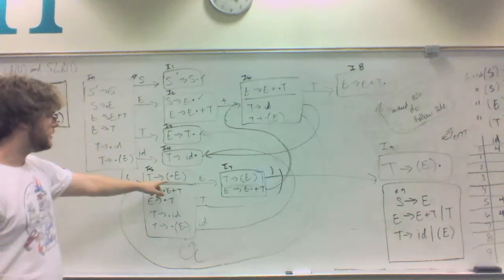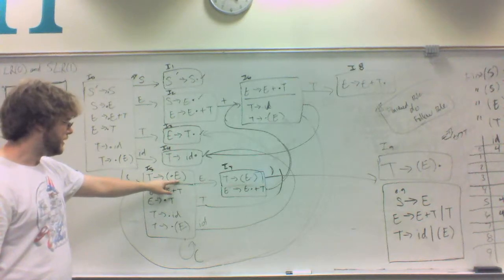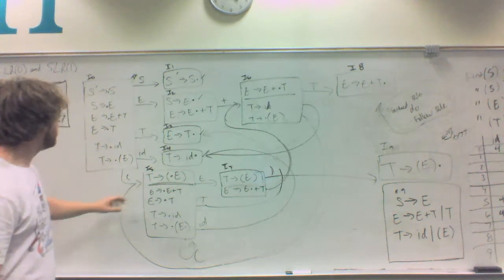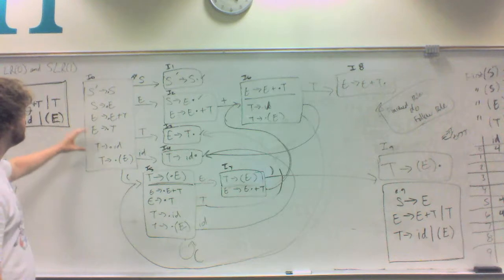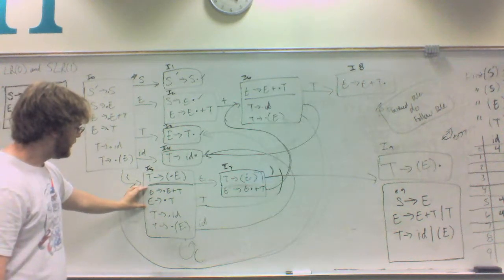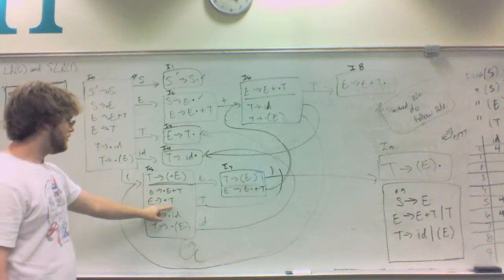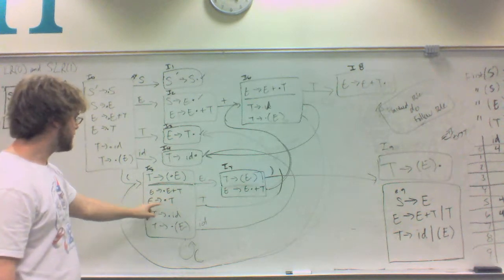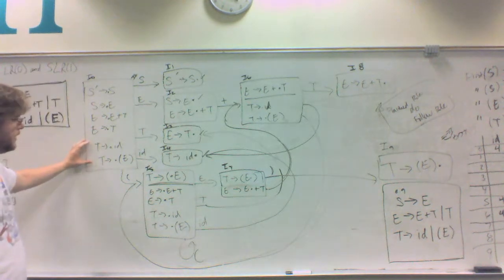Now, because there is a dot in front of the E, we will need to include the rules of E from node I0. And those are included here. And because there is a dot T, we will also need to include the rules for T from node I0. And those are included here.